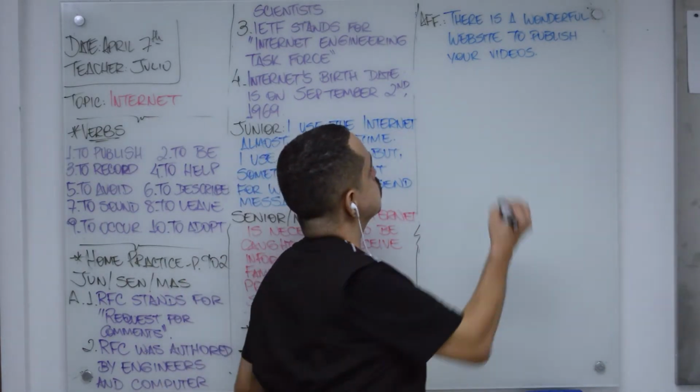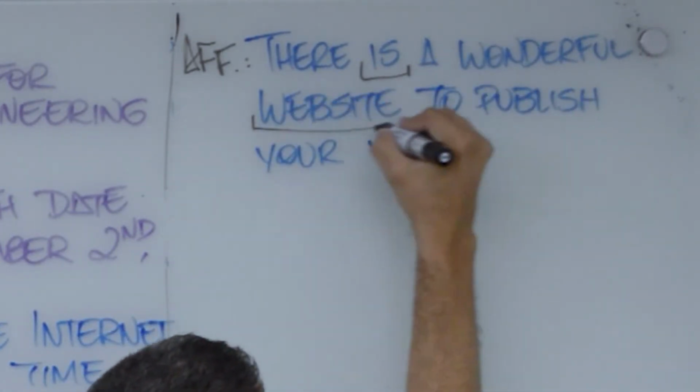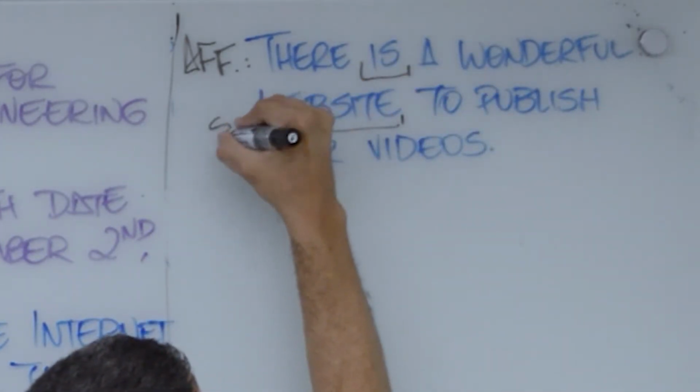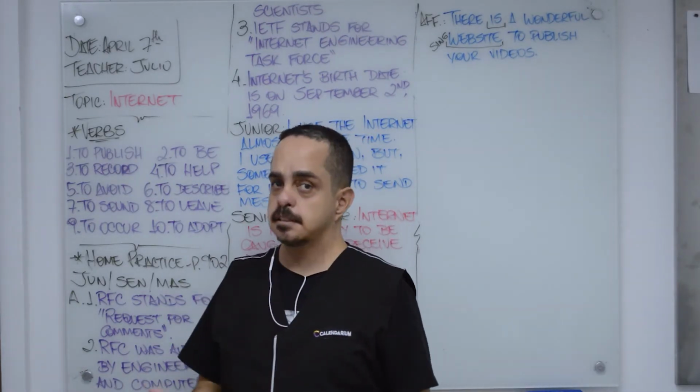Okay? Why did I use there is? Because I'm talking about one website. It's singular. So there is singular.